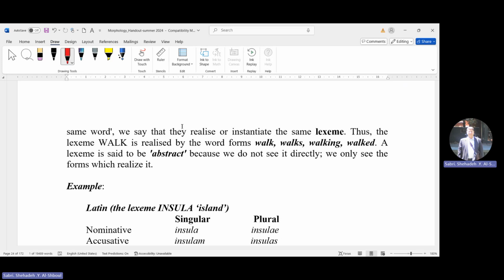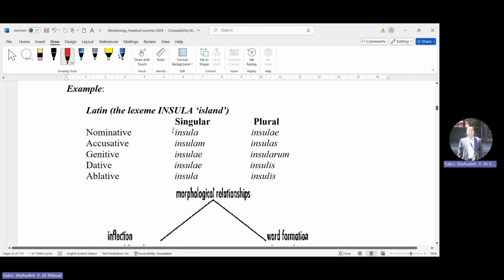So here let's have an example like this taken from Latin. We know that Latin is a dead language, and it is a highly inflectional language also. We have here in front of us a data set or problem set, and in this problem set we have two dimensions.